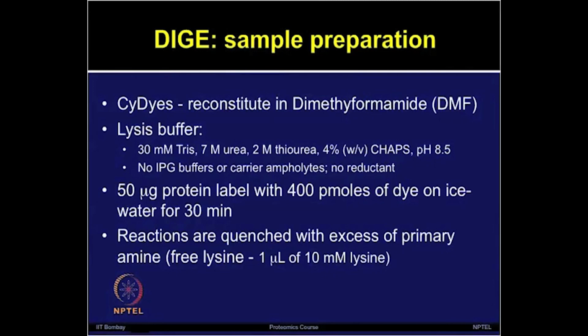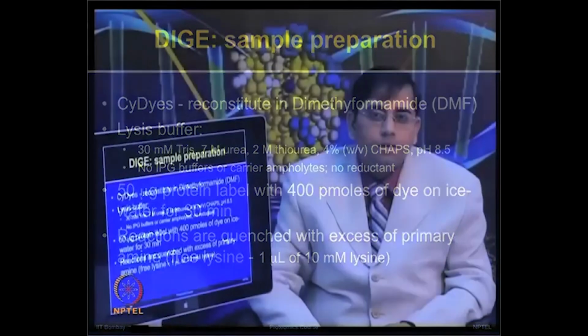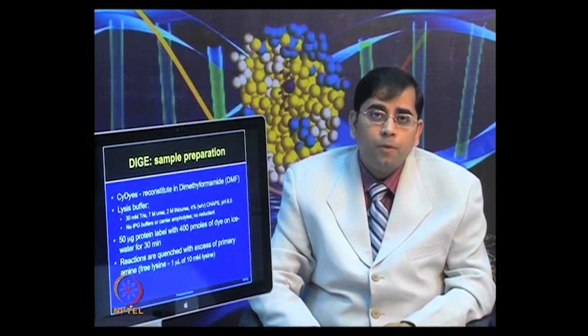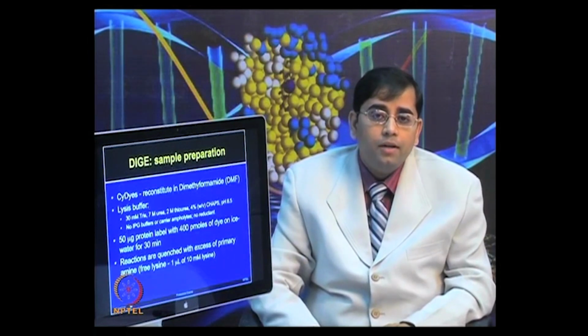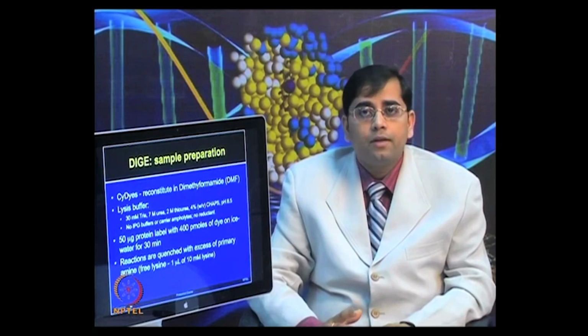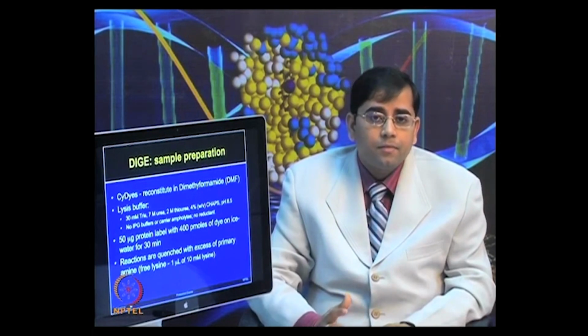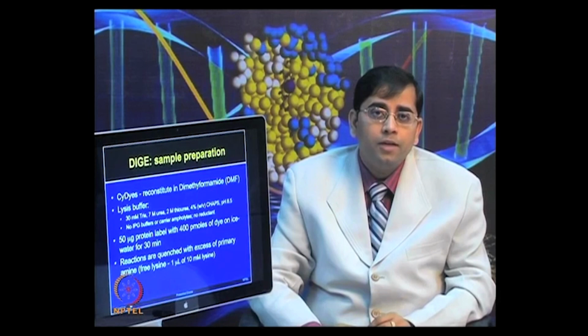Please make sure there is no IPG buffer or carrier ampholyte, and no reductant added in this lysis buffer. Since you want to perform the minimal labeling, you need to add only 400 picomole of Cy dyes to a small amount of protein, 50 microgram of protein.